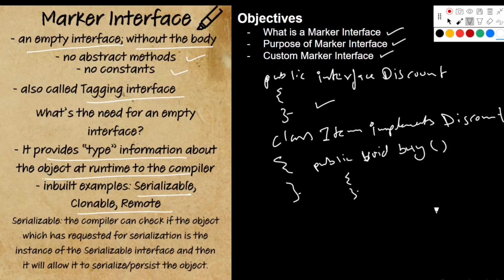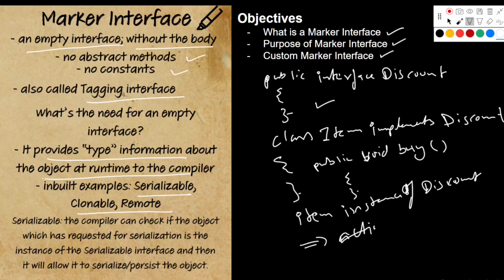So what happens is at runtime we can check if the object item is an instance of Discount, and then basis this, if it is an instance of Discount, we can do some action, and if it is not, we can do another action. So we can do different actions depending upon if it is an instance of Discount or not.